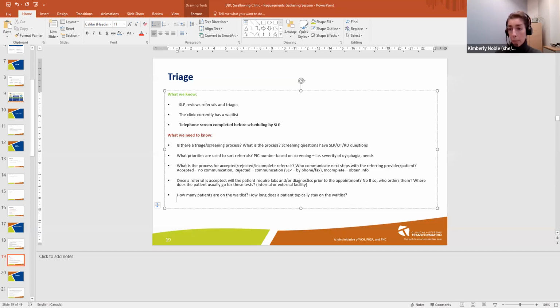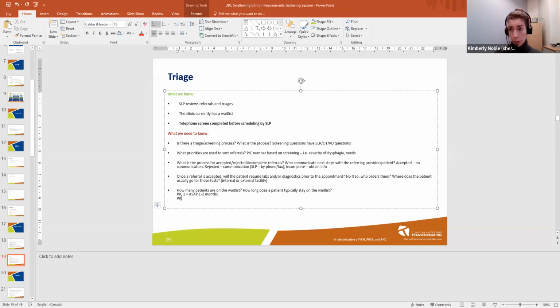If they're a PIC 1, generally we try to get them in ASAP, within 1 to 2 months, but we do have people that are waiting more than 6 months for sure. Okay, so PIC 2 would be 2 to 4 months probably, and then PIC 3 would be more than 4 months. 4 plus, basically. Okay.